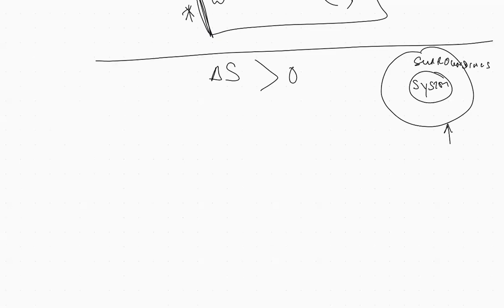So delta S of universe is equal to delta S of system plus delta S of surroundings.